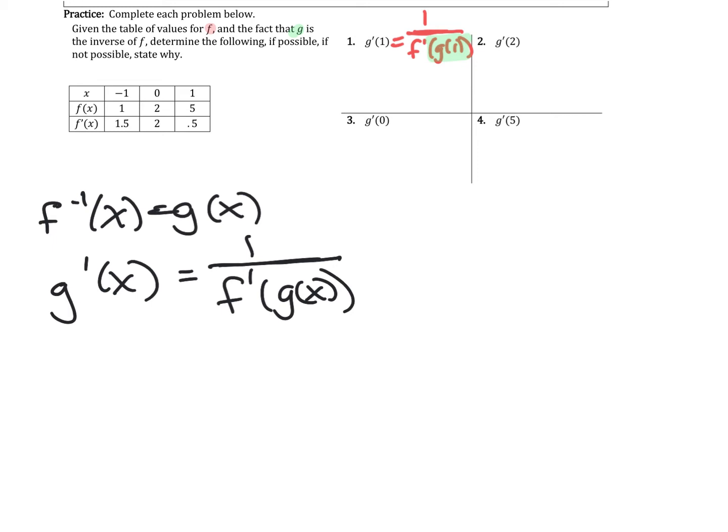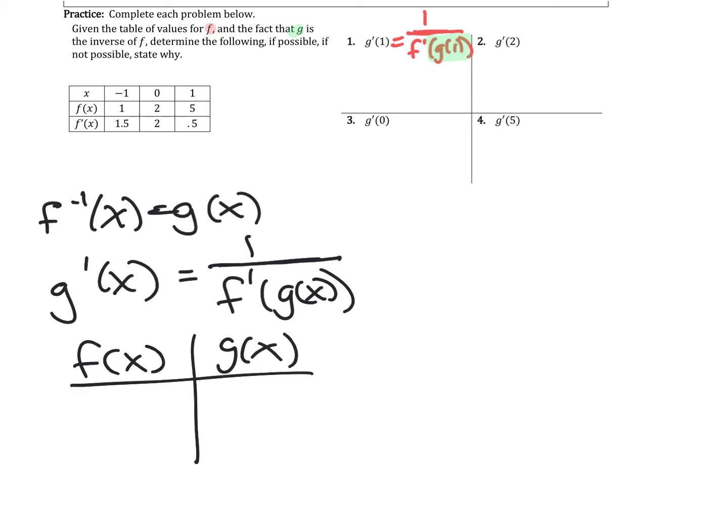Well, when I look at this table, I don't see any ordered pairs at all for g of x. So that's already kind of confusing. But remember what we learned in the last video is that if I have values for f of x, all I have to do is switch the x and y coordinates to find values for g of x.